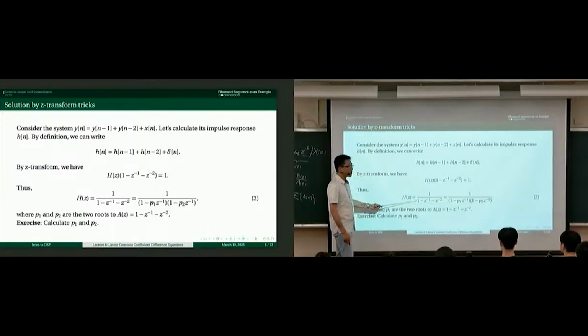But then, next step, I suggest that let's do a factorization. Let's factorize A of z. A of z is a quadratic polynomial, right? So it has an order of 2, so we expect that it should have 2 roots.